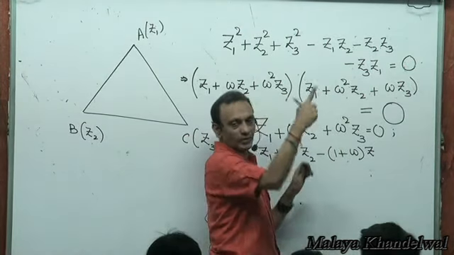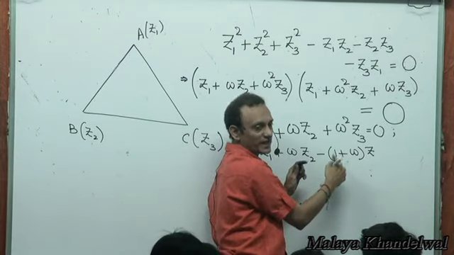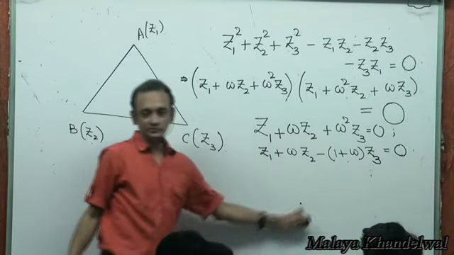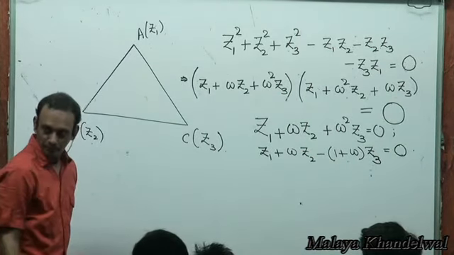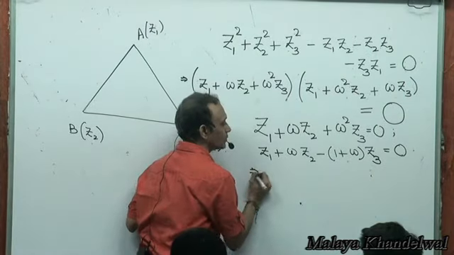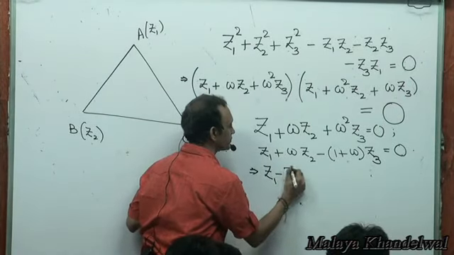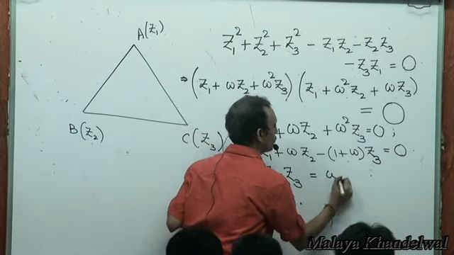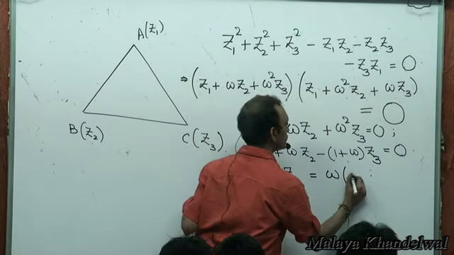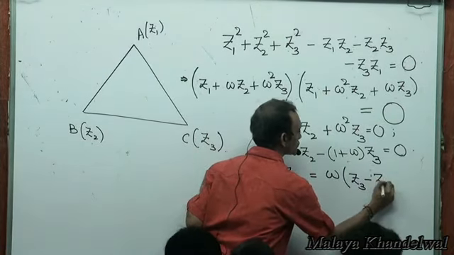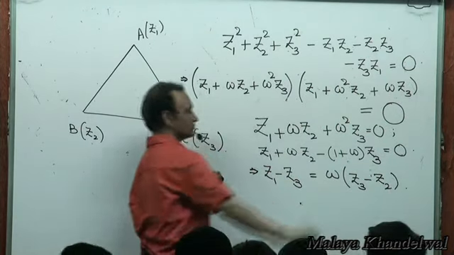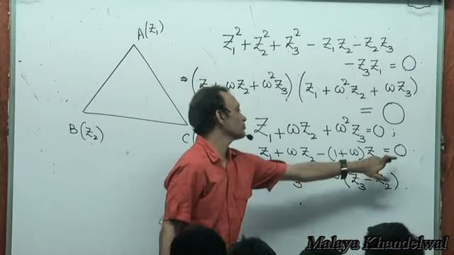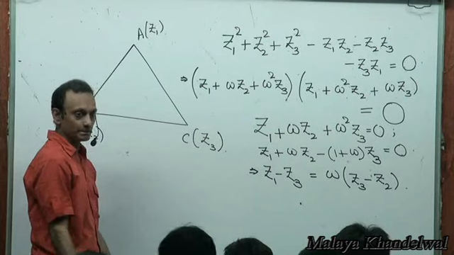Because 1 plus omega plus omega squared is 0, so omega squared could have been written as minus 1 plus omega, z3 as 0, right? Which means z1 minus z3 is omega times z3 minus z2. Yes or no? z3 minus z2 when I transpose it on the other side, right?